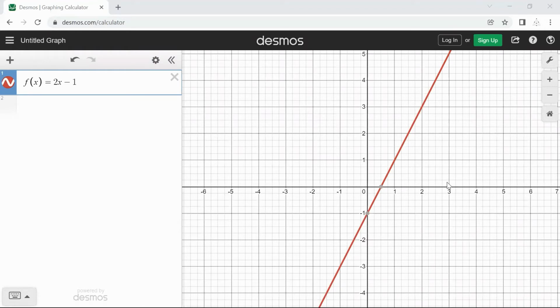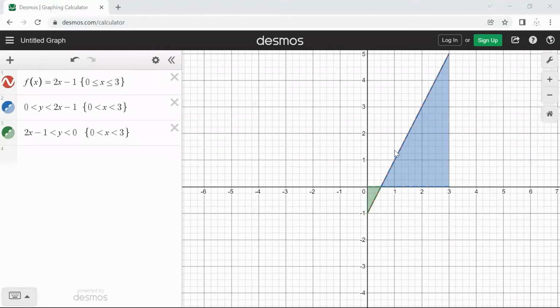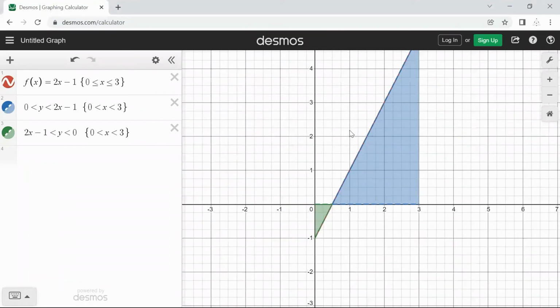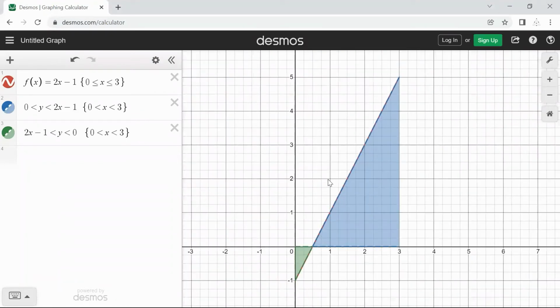Before I do that, I am going to change the look of this so that it looks like I've shaded it in. I've rewritten my graphs using inequalities so you can better see the shaded region.